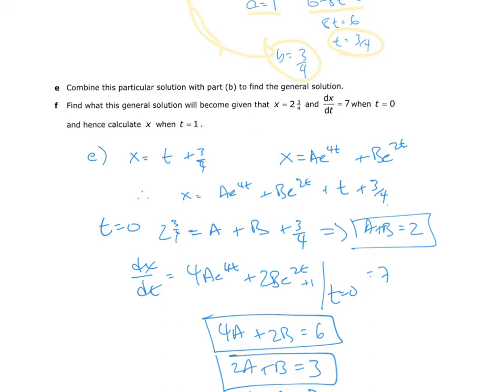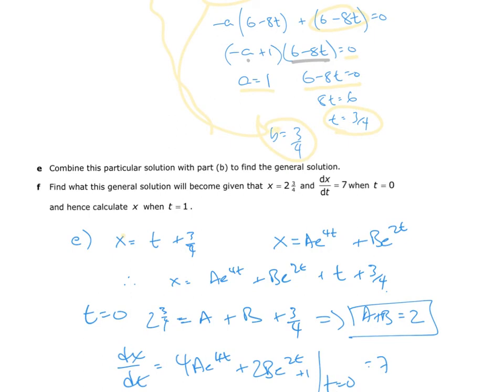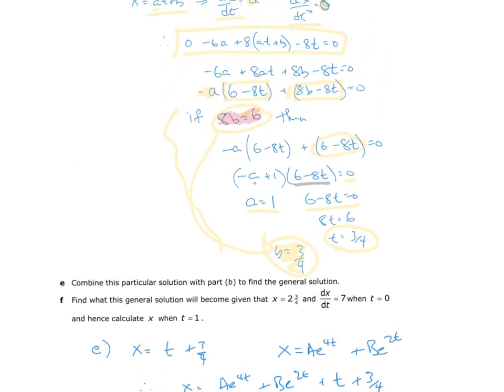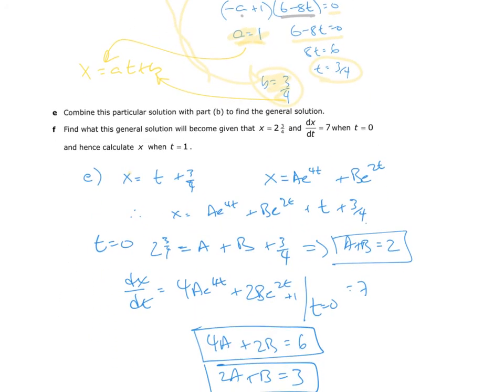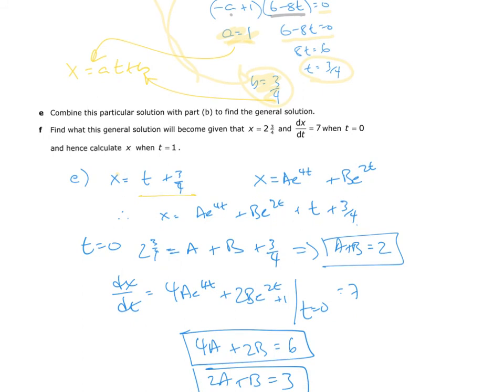Here is our first solution, because if I take my b value and my a value, which is here, and plug it into x equals at plus b, my b plugs in, my a plugs in, and so I'm left with t plus 3/4. And this is from b.